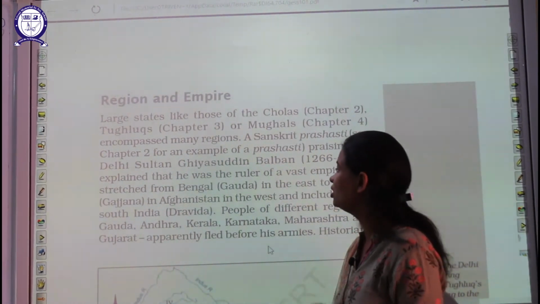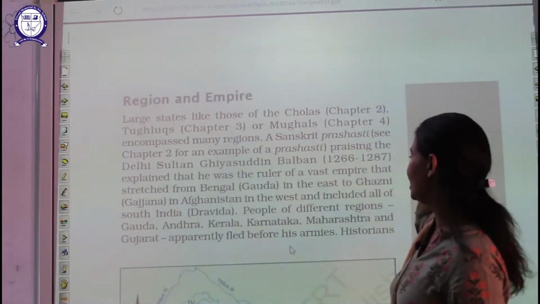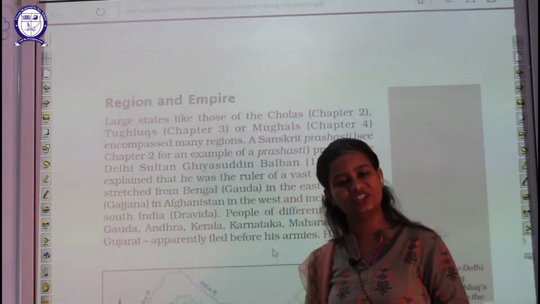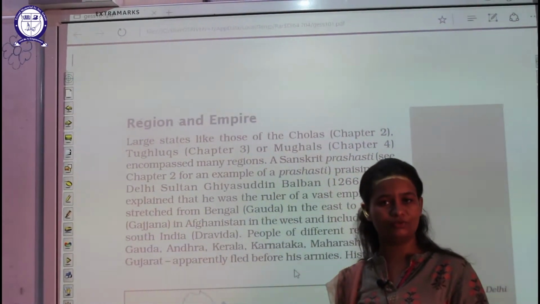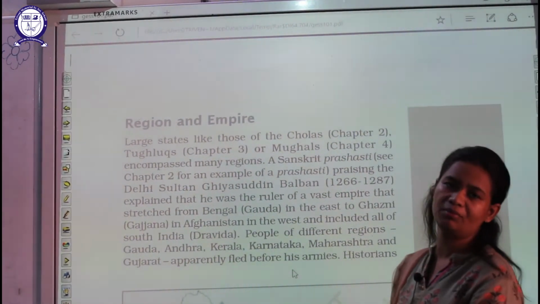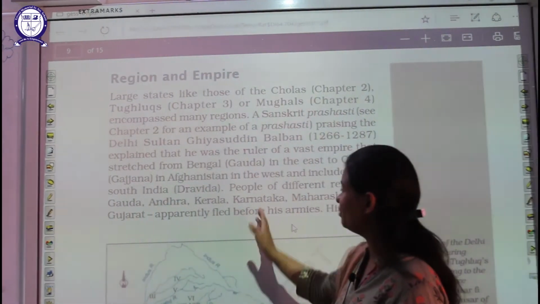If we talk about Ghiyasuddin Balban, he also discussed the Sanskrit Prashasti. And what was Prashasti, that I already told you, in which words were written in praise of the king, and in return the Brahmins were given awards for that. So that is what I mention here.